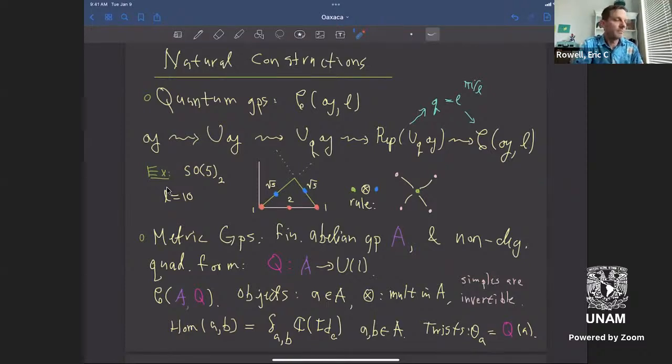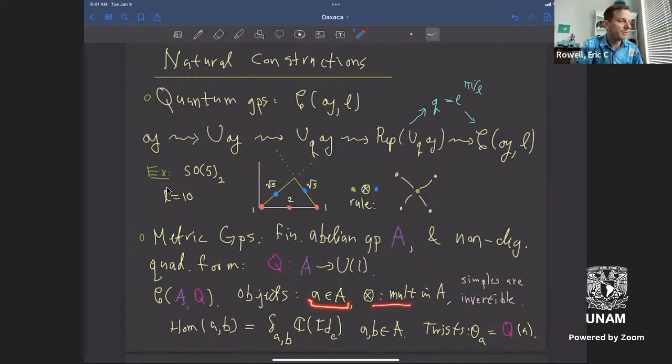Another set of examples come from just finite abelian groups. So you start with a finite abelian group and a non-degenerate quadratic form on that group, Q. Then you can construct a modular category whose objects are really just the elements of the group.